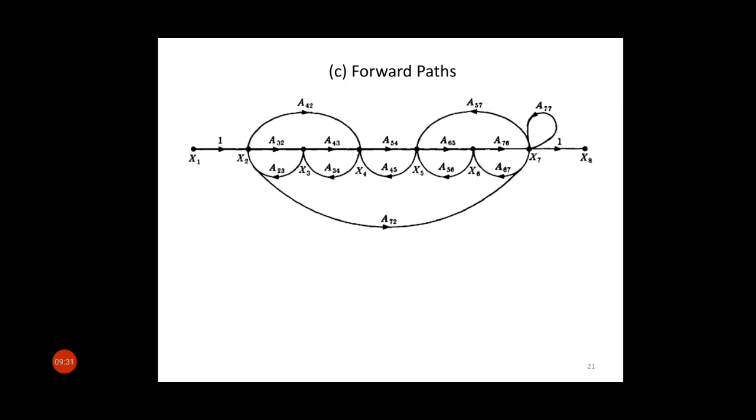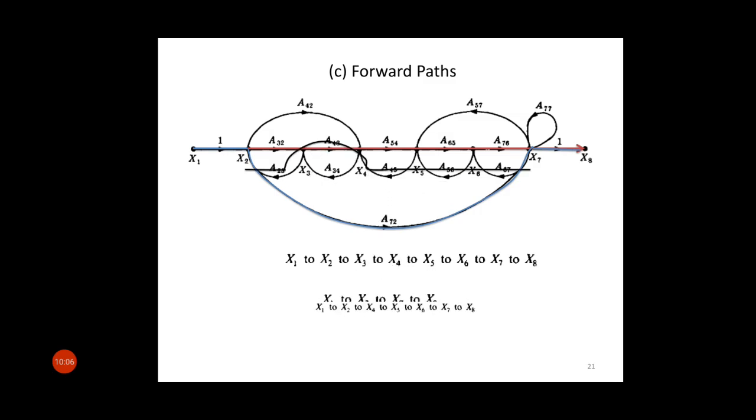In this signal flow graph, one forward path is this, which is highlighted by red. That means x1 to x2 to x3 to x4 to x5 to x6 to x7 to x8. This is one forward path, and this is the second forward path, which is highlighted by blue, and that forward path is x1 to x2 to x7 to x8.